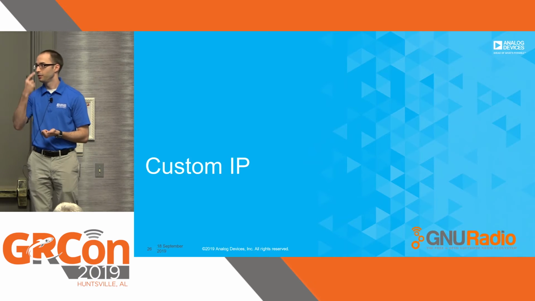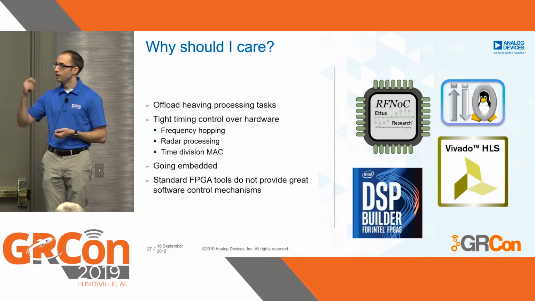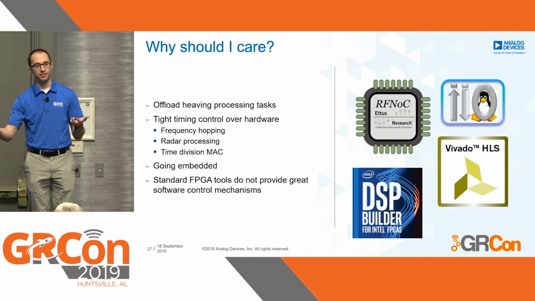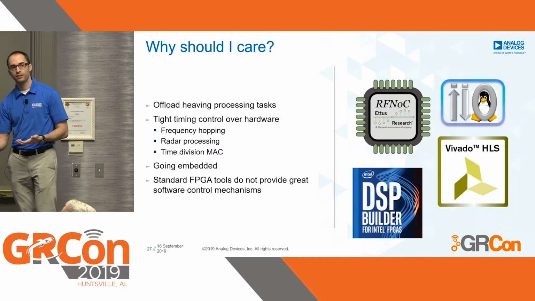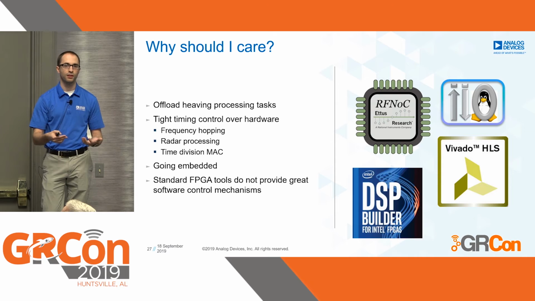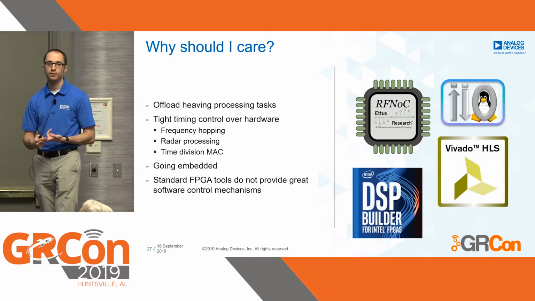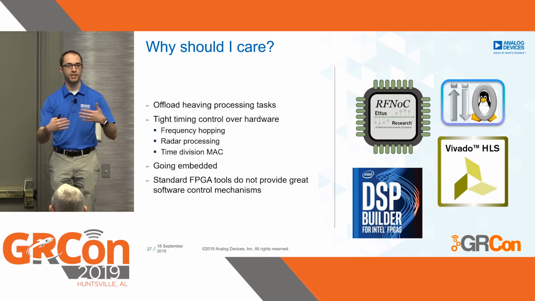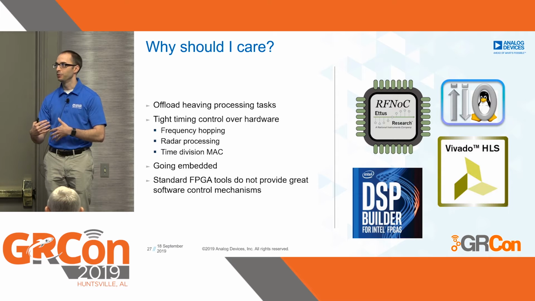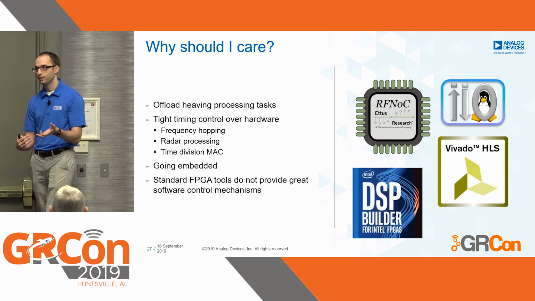OK. Now let's move over to talk a little bit about custom IP and how we can talk to that on our remote systems. Now, why should you care about this? It's not just offloading heavy processing to the FPGA. Doing things in the FPGA is really useful for tight timing applications, where, say, you're doing radar and you need tight coupling between transmit and receive, or you're doing frequency hopping and you need very tight control over what frequency you're on.